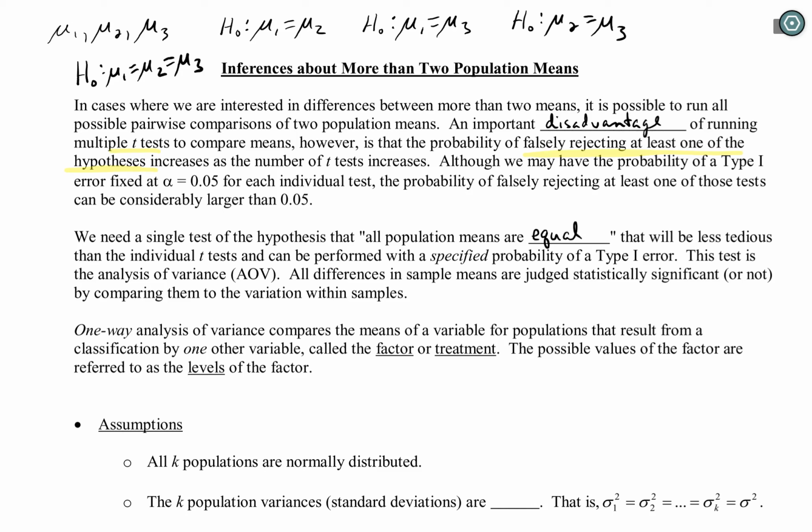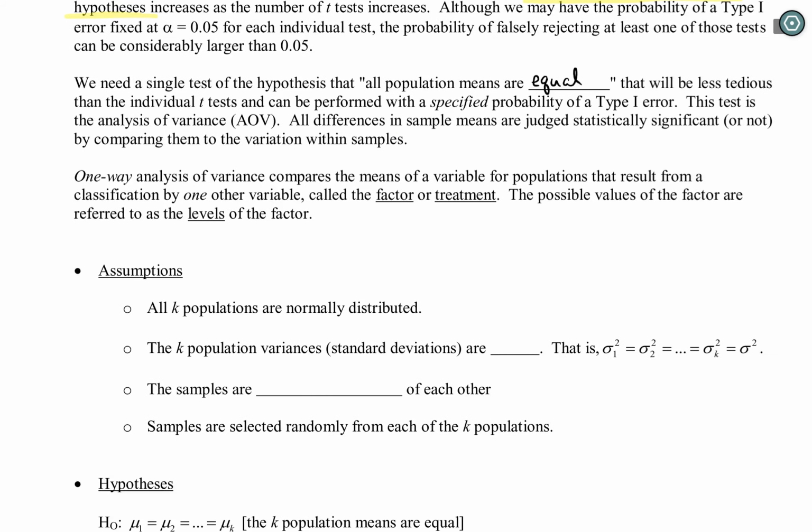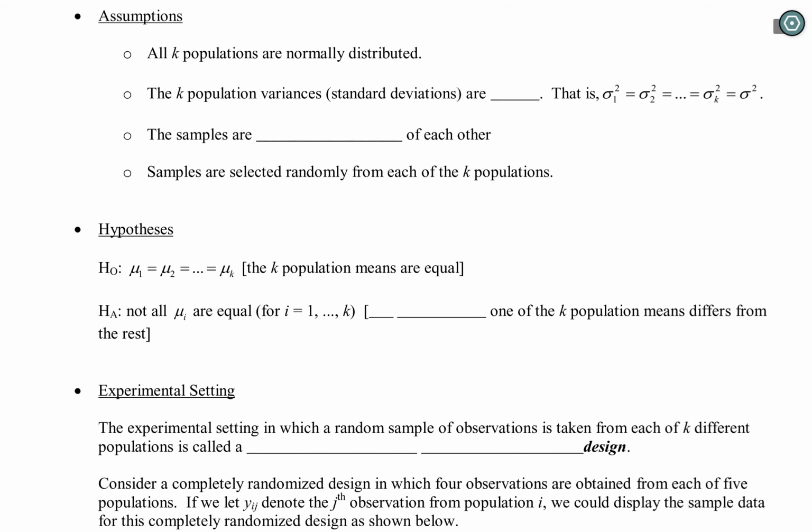One-way analysis of variance compares the means of a variable for populations that result from a classification by one other variable called a factor or a treatment. The possible values of the factor are referred to as the levels of the factor. So in the location example that we started with, the factor or treatment is location, and it had 4 different levels: bayside, bayfront, oceanside, oceanfront.